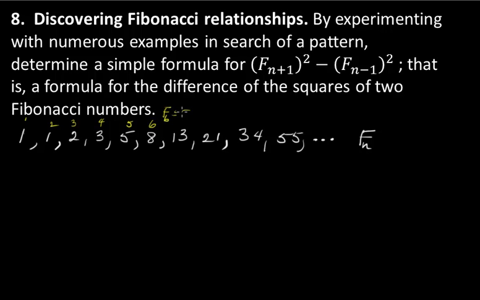Get the notation very clear. So this is a list of f sub n for n equals 1 through 10. So let's start out and write, looking for a pattern.